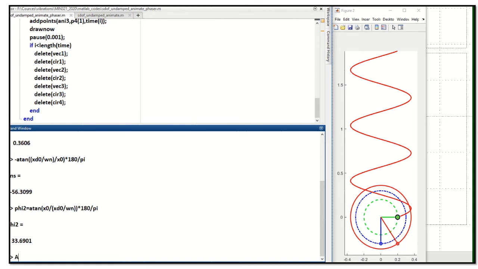So in most cases at least, we'll be representing the vibration of the mass particle in this fashion: A times cosine of omega n times t minus phi, where phi is calculated as tan inverse of xd0 by omega n divided by x0. So this angle is phi, and omega n t is the addition of the angle as the time increases.